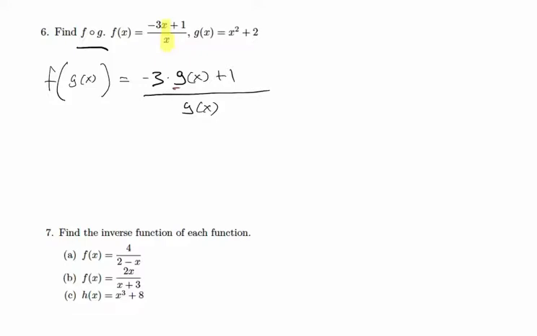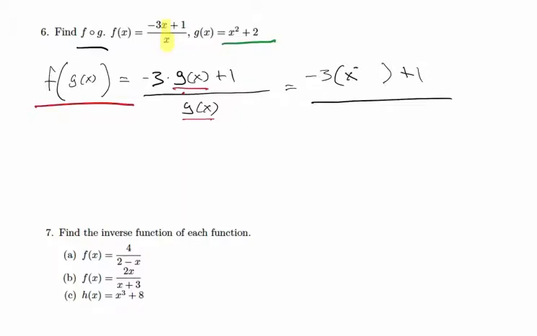So right here, instead of x, I wrote g of x, because g of x is the input now for this function. So then we can replace g of x with the given equation for g of x. So negative 3, put parentheses, plus 1, and in parentheses we put x squared plus 2.